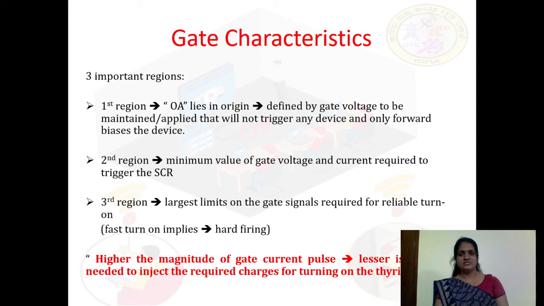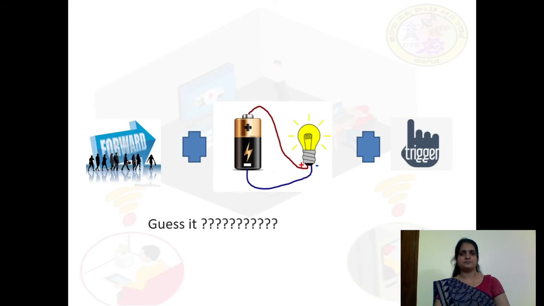The second region is the minimum value of gate voltage and current required to trigger the SCR. The third region is the largest limit of the gate signals required for reliable turn on. This fast turn on implies hard firing. The higher the magnitude of the gate current pulse, the less time is needed to inject the required charge for turning on the thyristor.